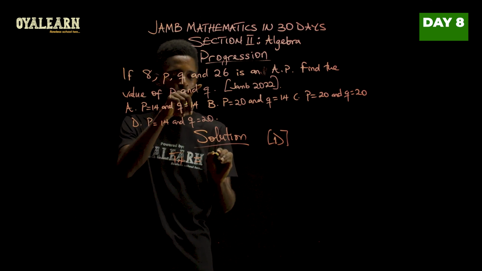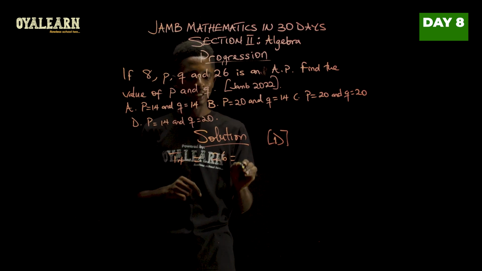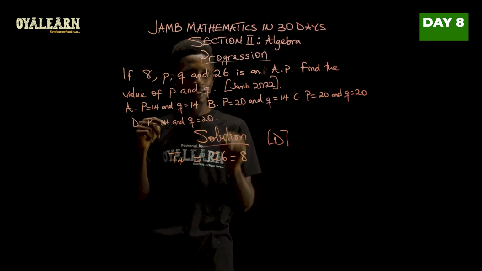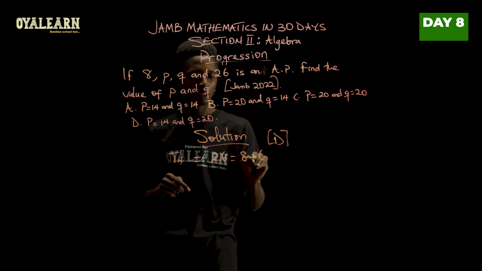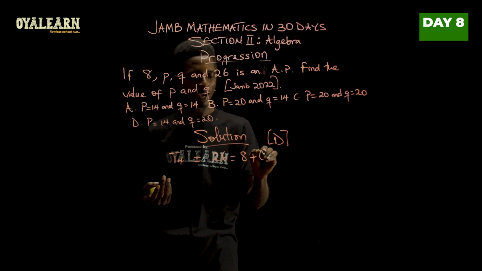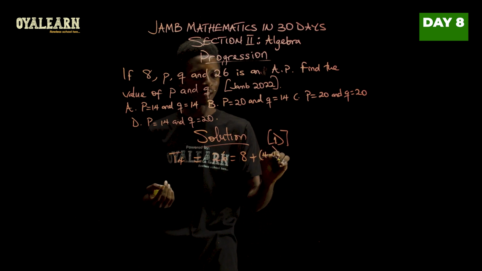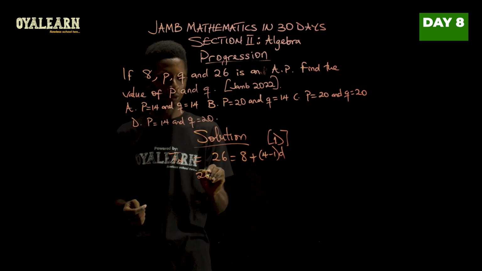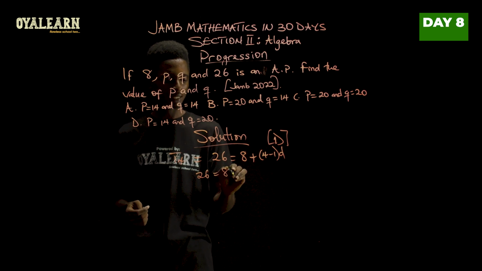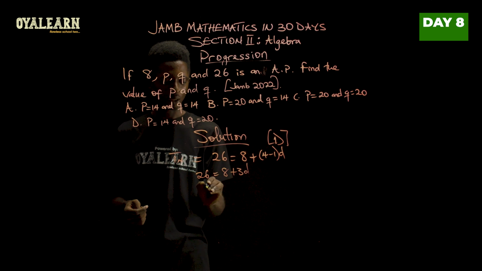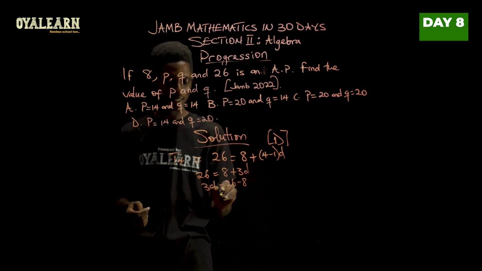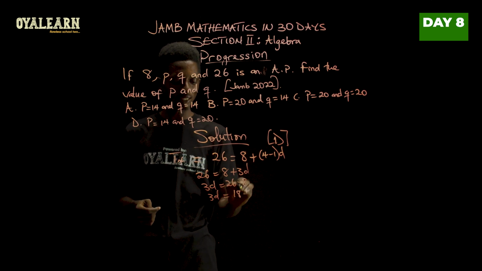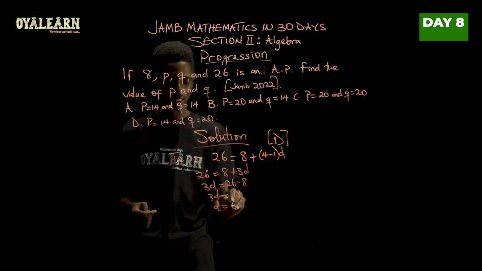T4, which is 26, should be A, which is 8, plus N minus 1, where N is 4 since it is the fourth term, then D. Since we don't know the common difference, let's work with this. So we have 26 equals 8 plus 3D, which implies that 3D equals 26 minus 8, and the difference here is 18, so D is 6.